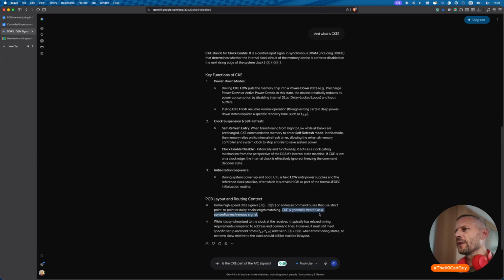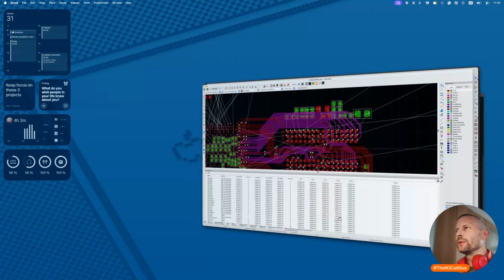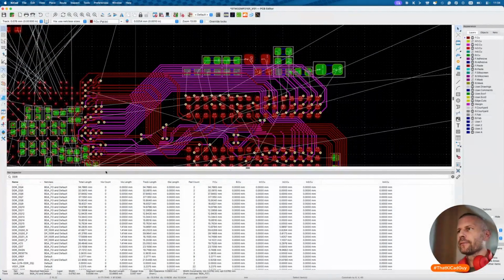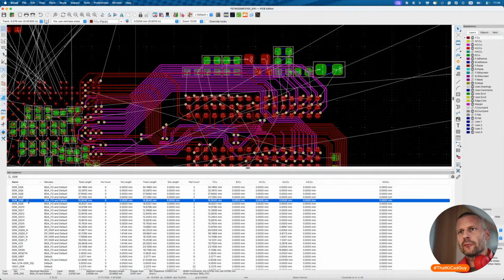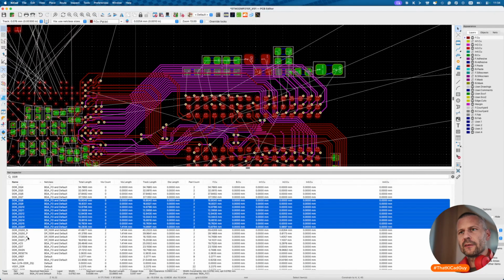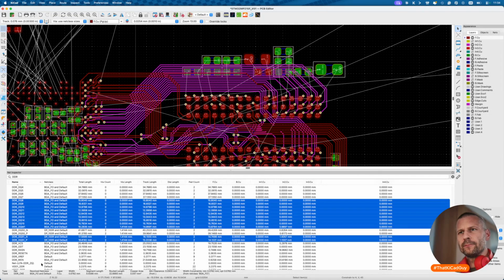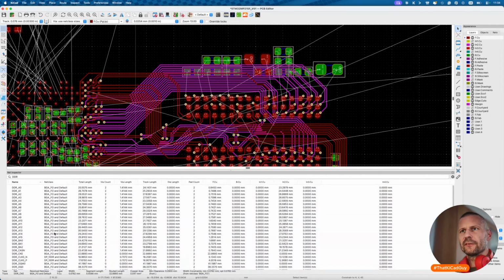CKE is generally treated as a control asynchronous signal. Okay, so it's not to be length matched. That's fine. So DQ0, DQ5, 15, M1, and strobe. Yeah, we said this is fine.